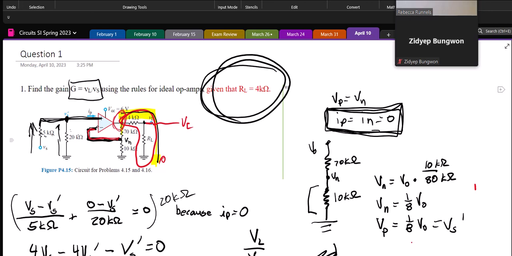Okay, there is no current coming in here and here, but it is powered. That's that VCC. There is a lot of stuff going on inside that op amp. And so you're saying it draws no current. Well, IP and IN are 0, but that's because of the feedback from the output of the op amp and what's going on on the inside.